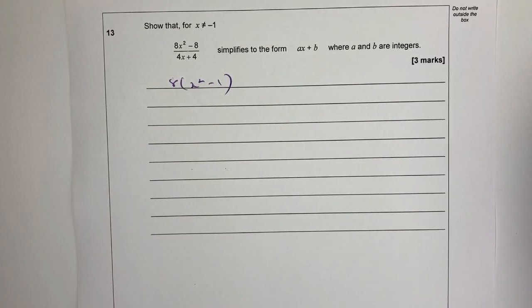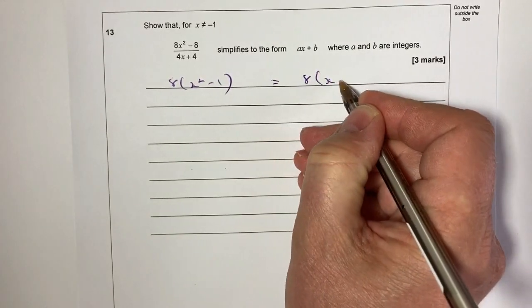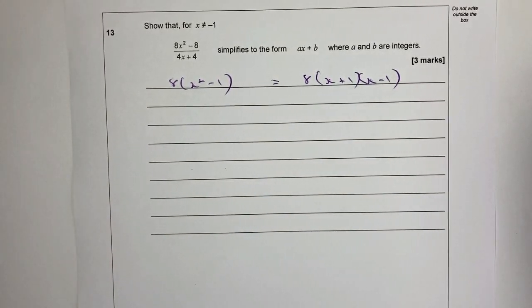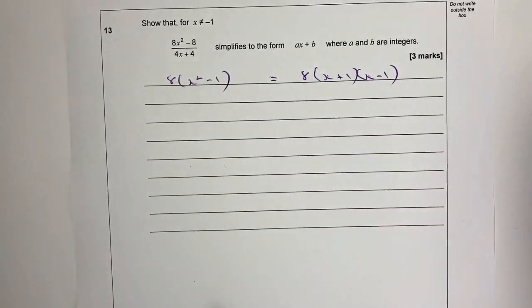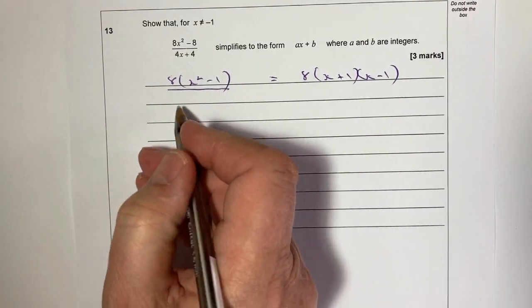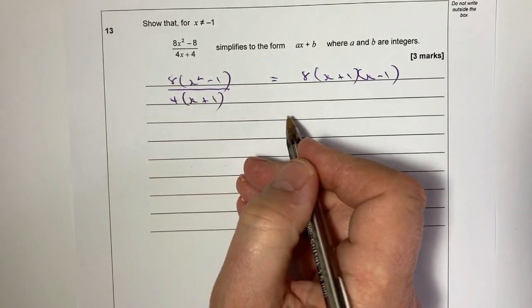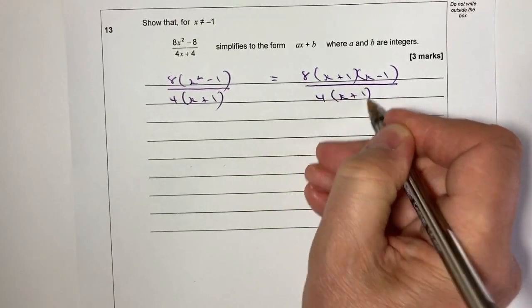So rather than writing x squared minus 1, I can rewrite that as 8 times x plus 1 multiplied by x minus 1. If you're not sure about that, just multiply this out, and what you'll find is you get to x squared minus 1. Okay, so the bottom, the denominator, is fairly straightforward, and hopefully you can see I can factorise that for 4, and I'm going to get x plus 1. So on the bottom, I've got 4 times x plus 1.